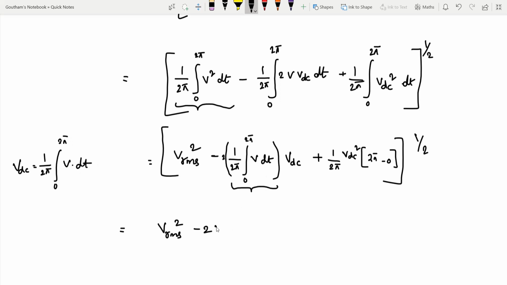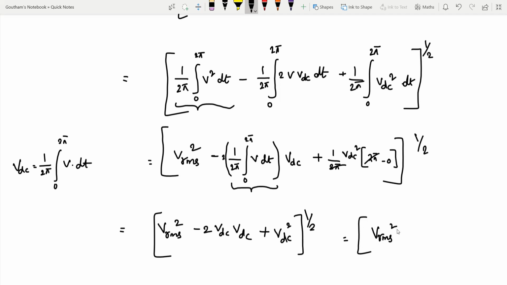So this is VDC into VDC, plus the 2 pi and 2 pi cancel out, leaving one more VDC square. In effect we are left with VRMS square minus VDC square, entire thing under root.